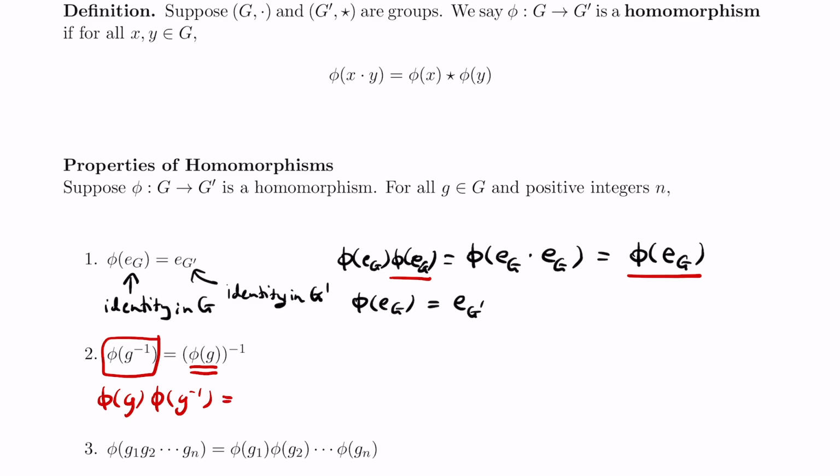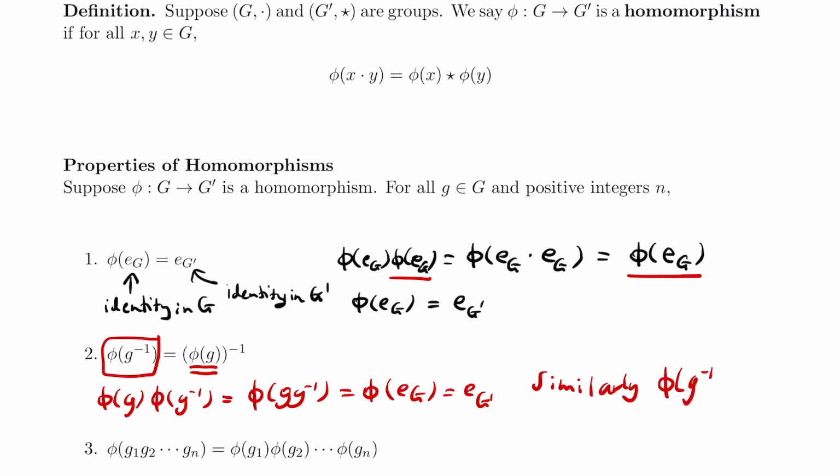By the multiplicative property, that is phi of g g inverse, which is phi of the identity in G, and we just proved that's the identity in G prime. So indeed, we do have that phi of g times phi of g inverse is the identity in G prime, and you can make a similar argument to show that phi of g inverse times phi of g is also the identity in G prime.